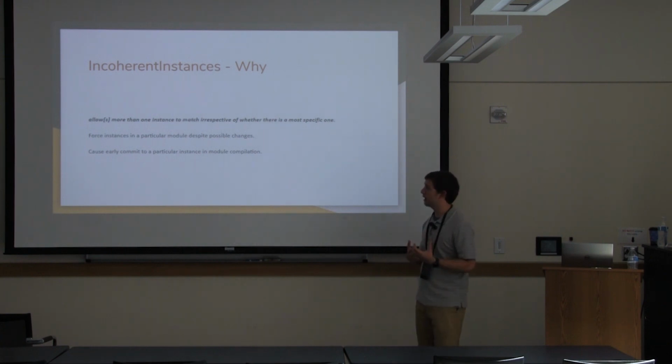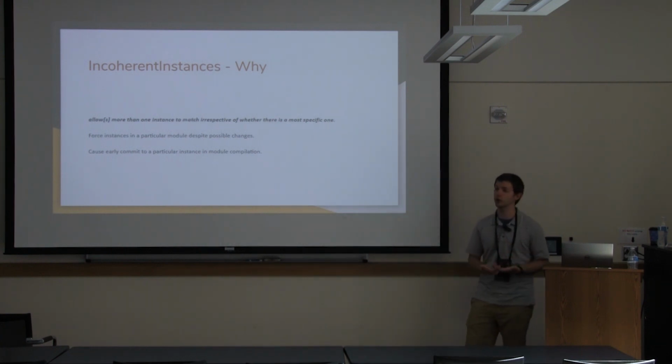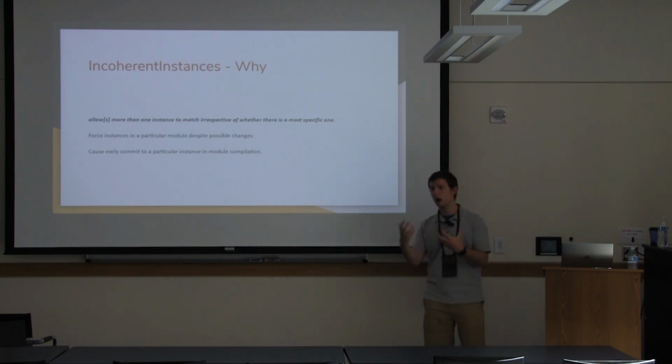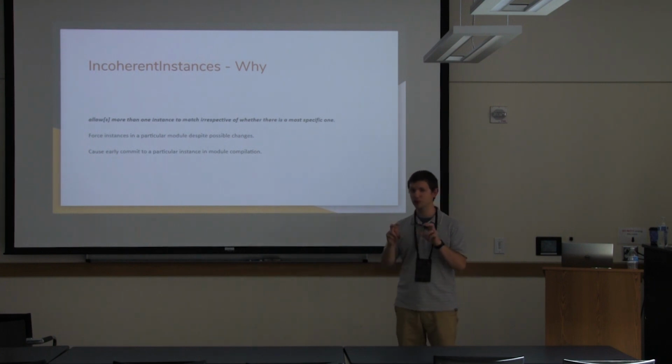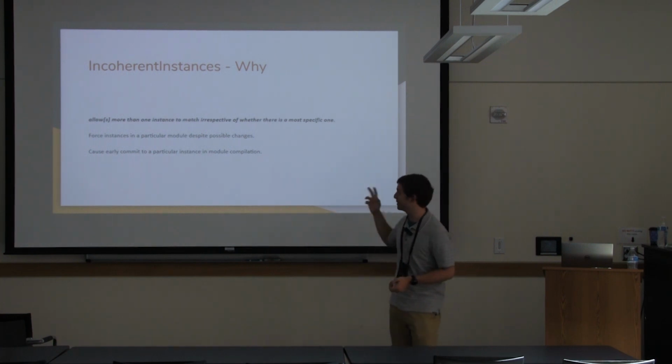So when they call it incoherent, what they mean is that there's two possible things that could satisfy this, and GHC is going to arbitrarily pick one. That arbitrariness can be learned, and you can figure out how to use that to your advantage. I'm not going to teach you how to do that here because, as I'll get to, I think it's a terrible idea.